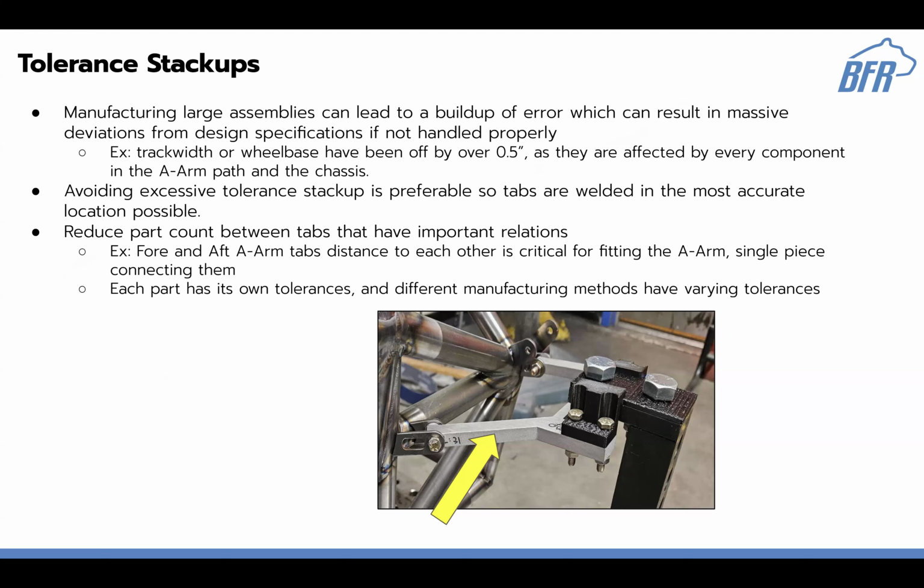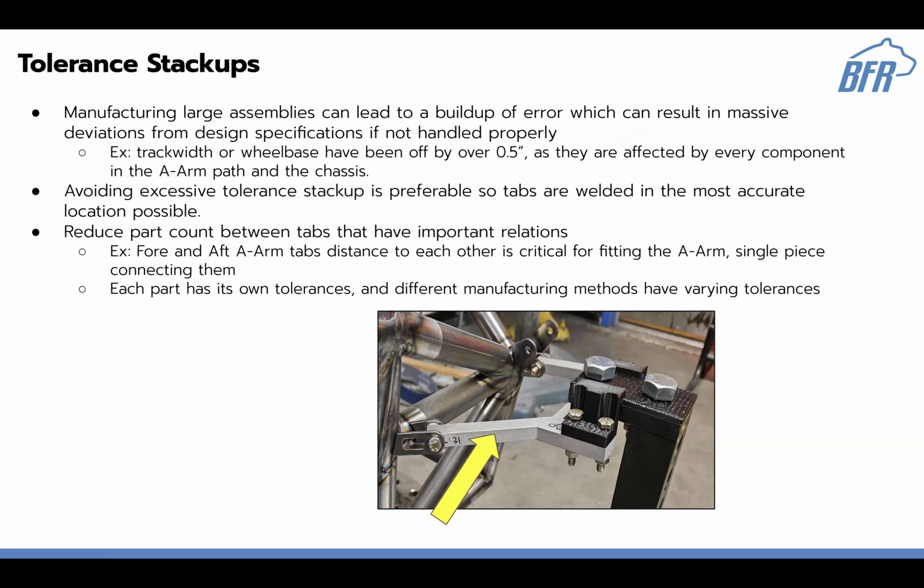If you start at the left wheel, you have your tire, how it fits up to the wheel rim itself, which then attaches to the hub, which has its own manufactured tolerances and error. Then that hub interfaces with the upright, which also has its own error. And this keeps going through all the A arms onto your tabs.